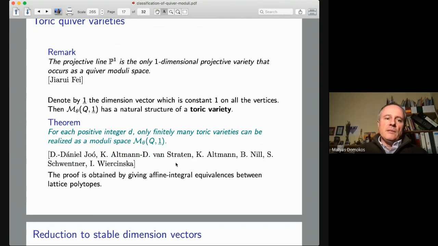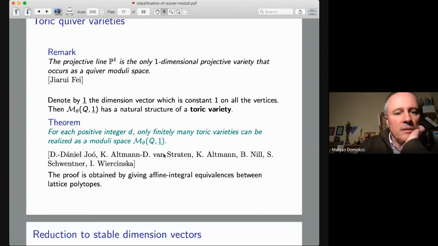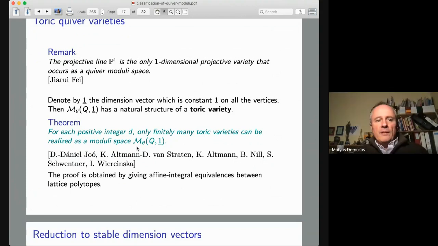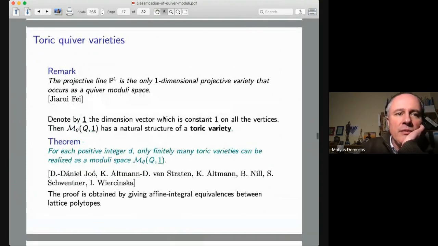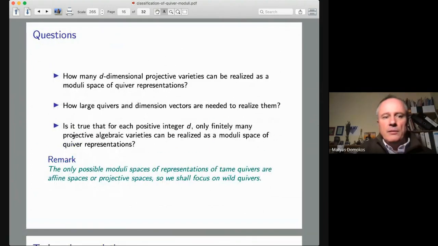And building on some earlier results of Altmann and others, with Daniel Yo, we proved that for each positive integer d, only finitely many toric varieties can be realized as such a moduli space. So at least in the toric case, we have a positive answer for this question here.